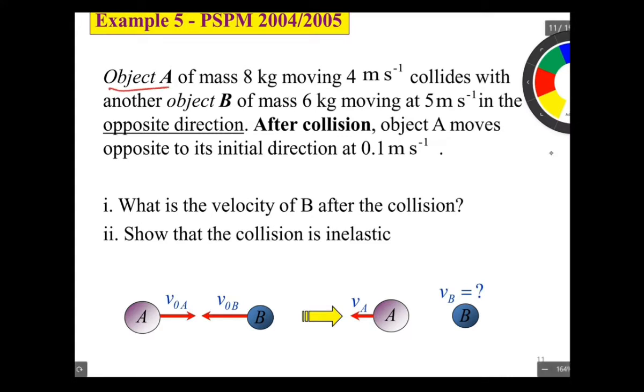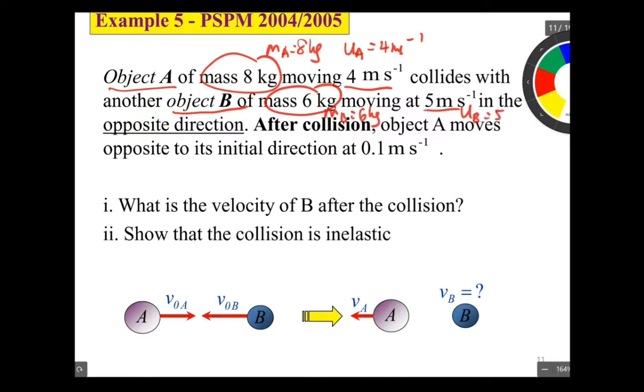So dia kata objek A, mass dia MA, mass dia 8 kg, moving UA is equal to 4 meter per second. And then object B, mass dia MB 6 kg and moving UB is equal to 5 meter per second.